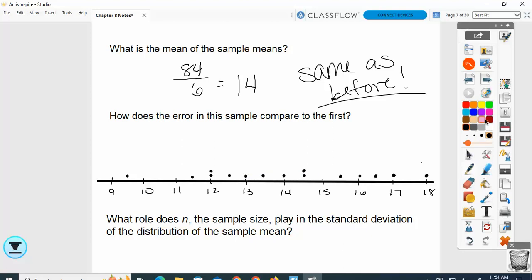So I can see that first one was pretty spread out. And then I'm going to do the same thing with my sample of 5 pumpkins.